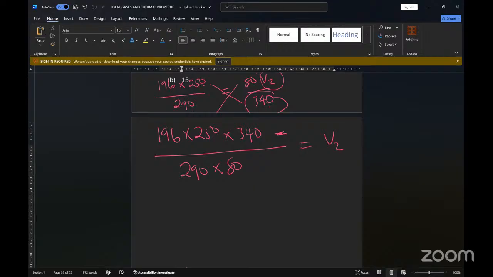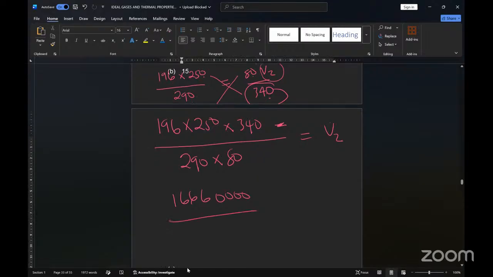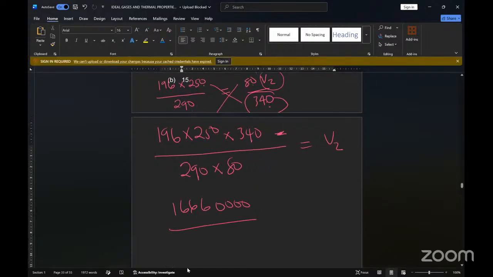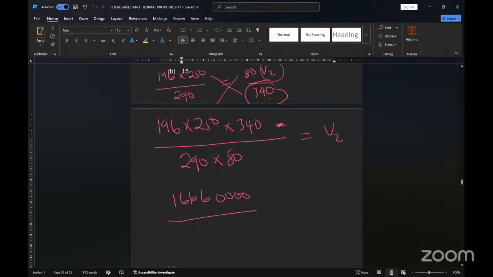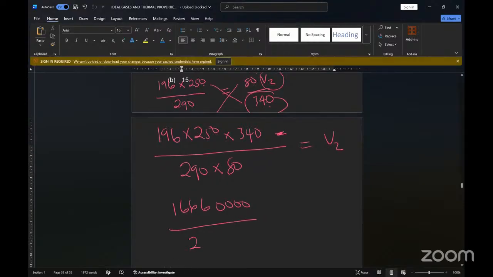So if my calculator is right, this is going to be 16660000, divided by 290 times 80, which gives me 23200.